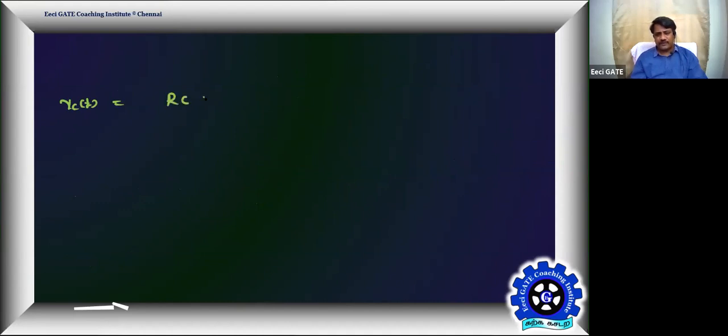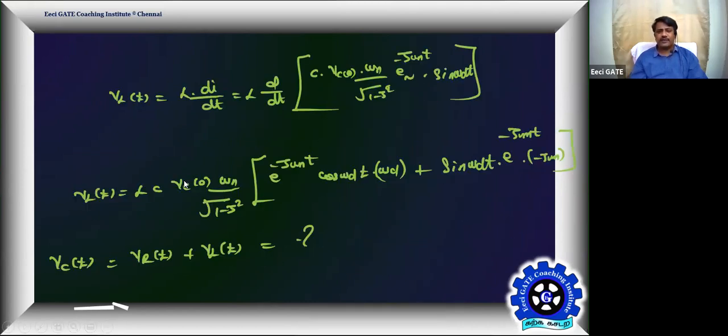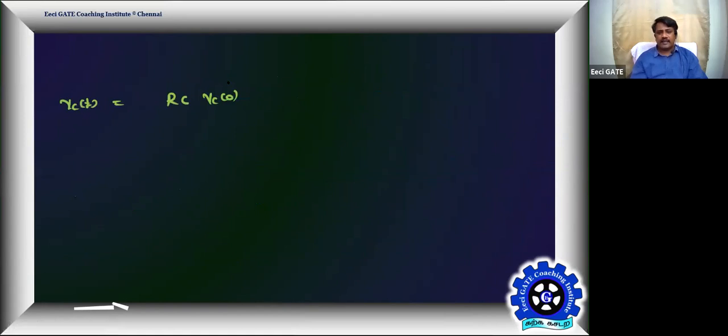First, VR of t is RC into VC of 0 into omega n by root of 1 minus zeta square into e power minus zeta omega nt into sine omega dt. That's your VR, voltage across resistor.